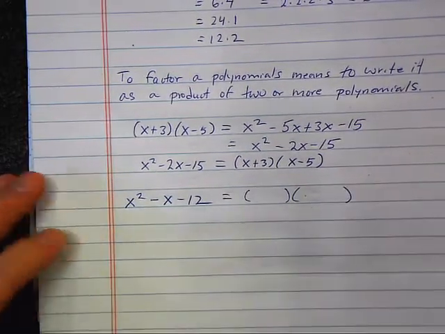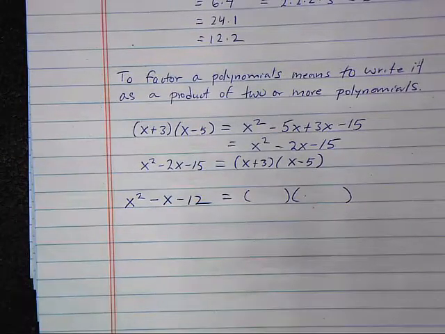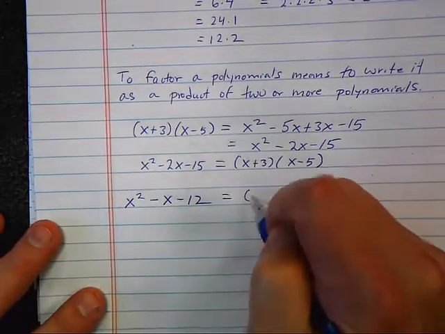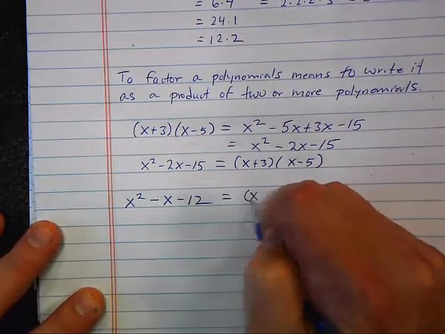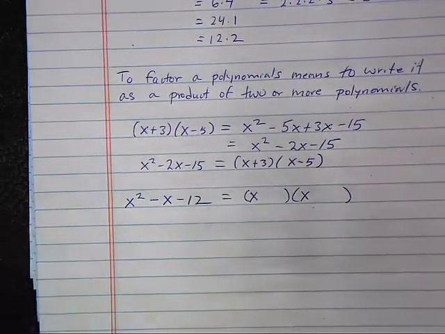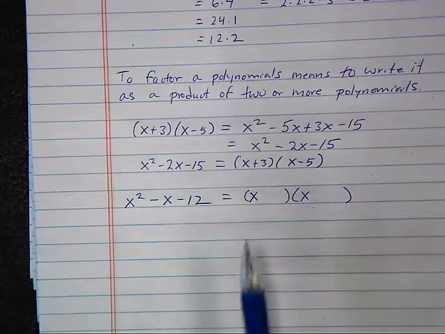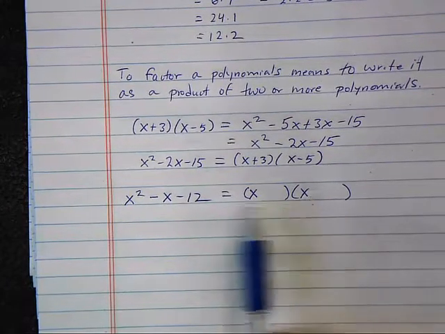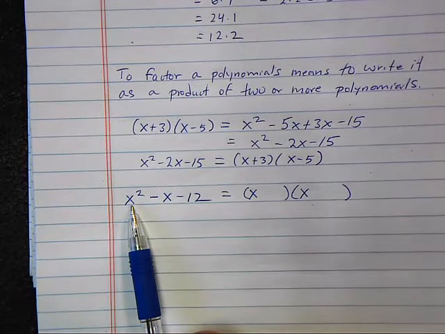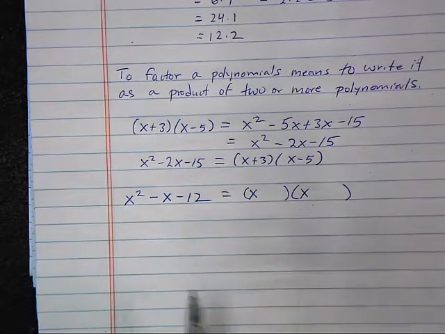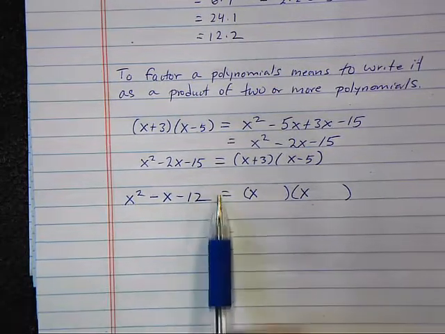So you kind of got to think about doing FOIL backward. Well, let's see. It's got to be x and x, right? Because when I do FOIL on the first, x times x will give me x squared. Okay? So now, how can I get 12 on the end?